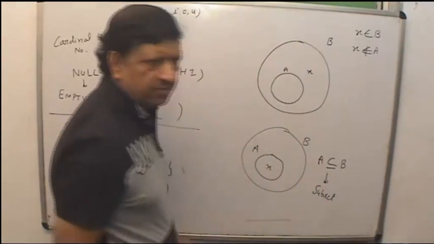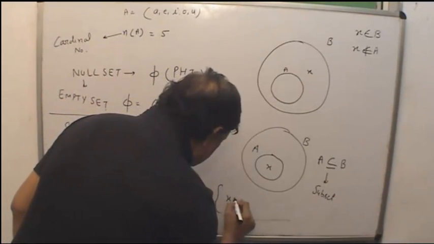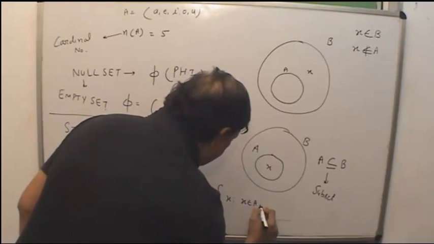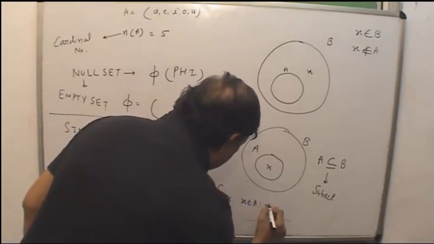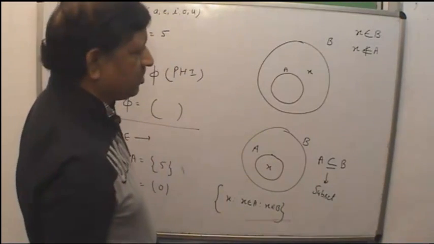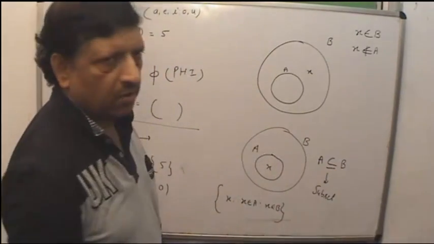Or we can write it this way: X such that X belongs to A implies X belongs to B. Then we say A is a subset of B, or we say B is the superset of A.